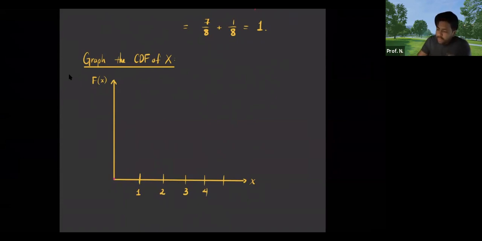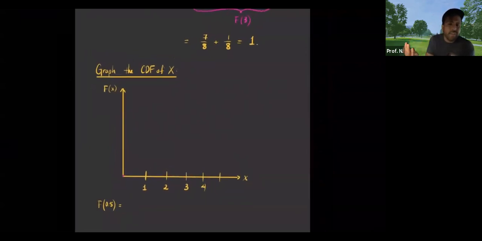Now, what if I define f of 0.5, for example? What would f of 0.5 be? Meaning, what's the probability that my function here attains 0.5 or less than 0.5?